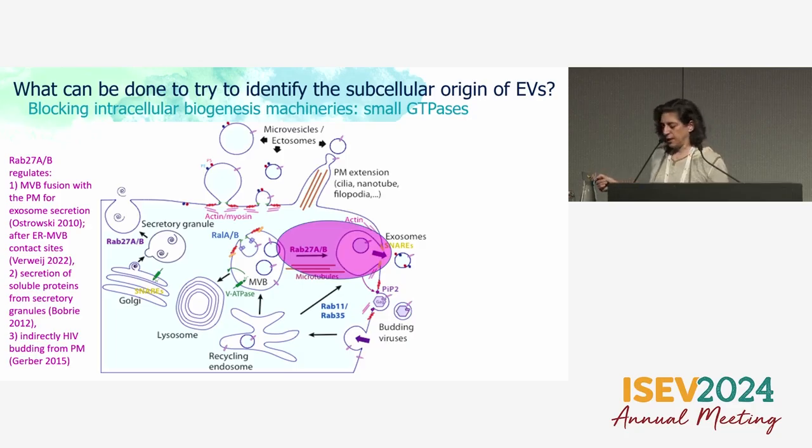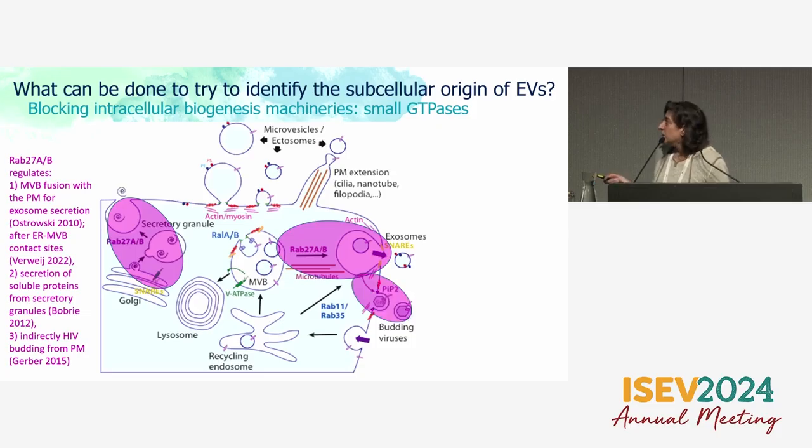And these exosomes, we had defined them as CD63 and CD81 expressing vesicles. But when we tried to use this to block exosome secretion in vivo, then we realized that when we were blocking exosome secretion, we were also blocking secretion of some soluble proteins. So it was not only specific of exosomes.